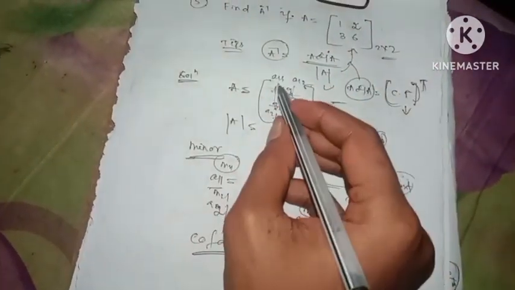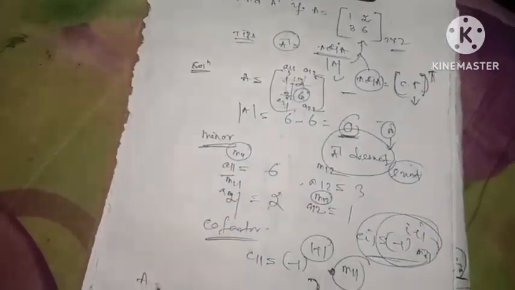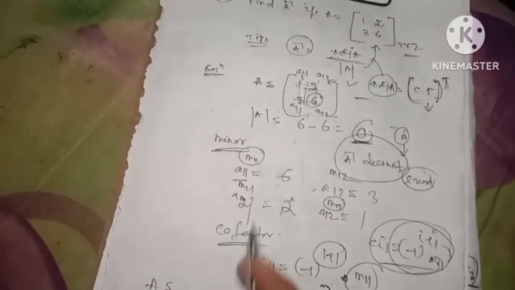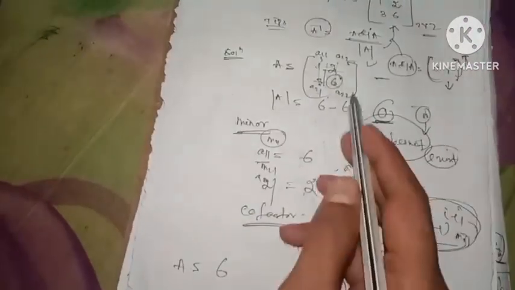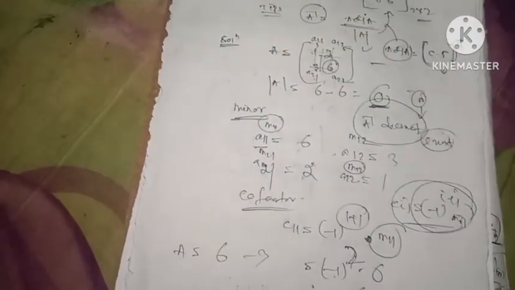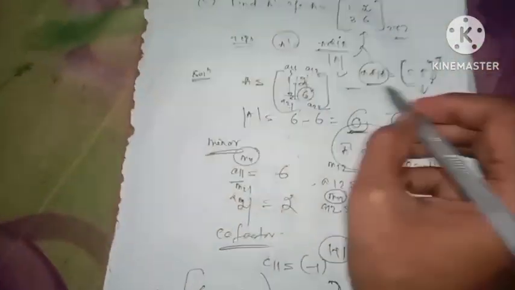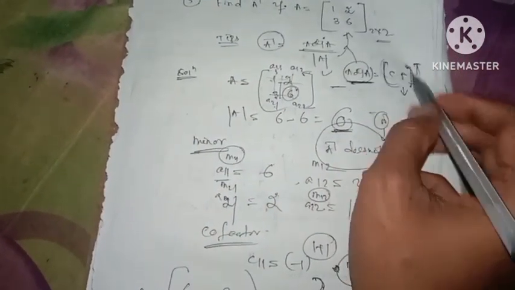Next, in the cofactor matrix, the position C11 will be 6, C12 will be minus 3, C21 will be minus 2, and C22 will be 1. This is the matrix. Then find the transpose, because adjoint is the cofactor transpose.